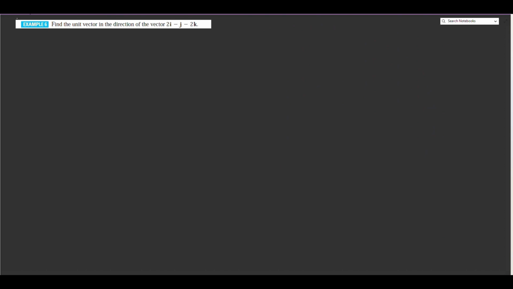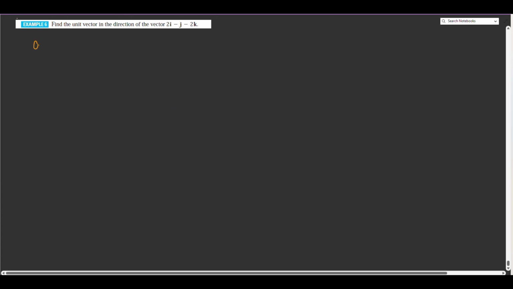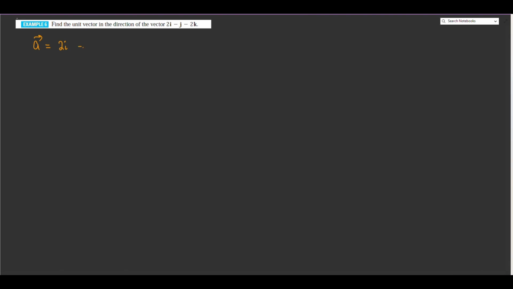Example number 6, we have to find a unit vector in the direction of the vector 2i minus j minus 2k. So we can suppose this vector as the vector a, which is 2i minus j minus 2k. The first thing you need to do is find the magnitude of this vector.